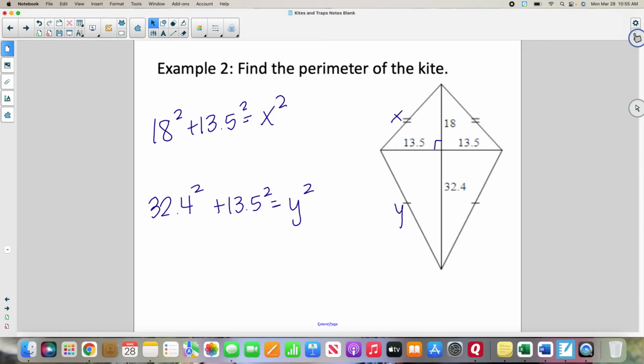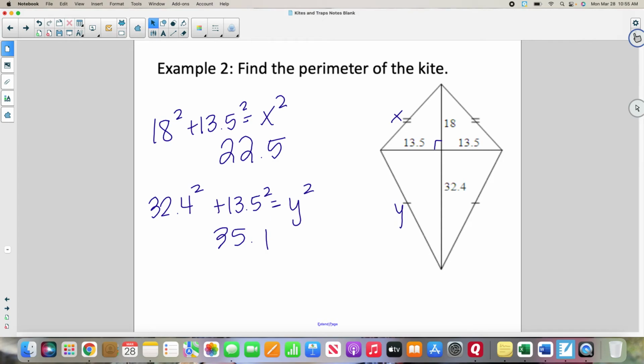What do we get for x? I hear 22.5. I like it. What about for y? 35.1. So what do we do to get the perimeter? Add them all up.